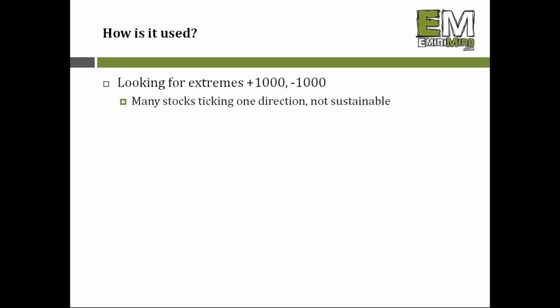So when you get those extreme tick readings of plus 1,000, you tend to have a snapback or a retreat, if you will, after that reading has printed. And if you get an extreme tick reading to the downside, minus 1,000, you tend to have a snapback of price to the upside. So with just those two pieces of information, you can deduce that, okay, I want to be looking to sell high ticks and buy low ticks.